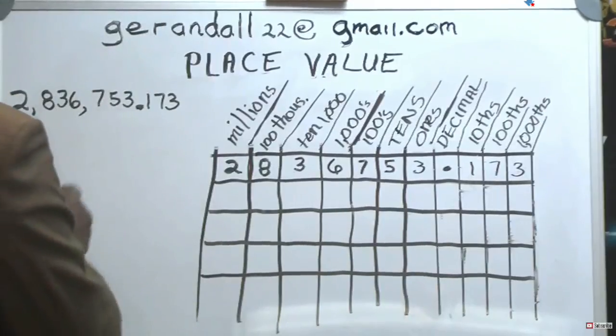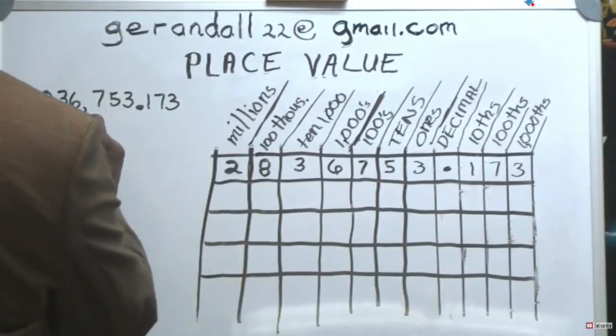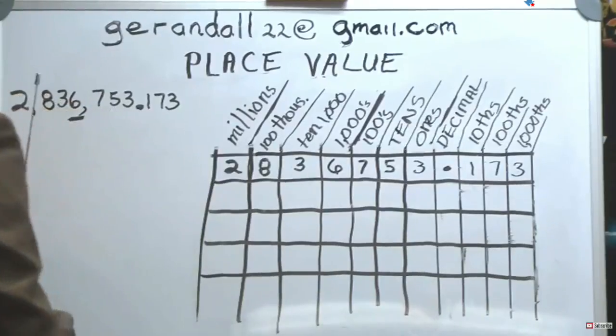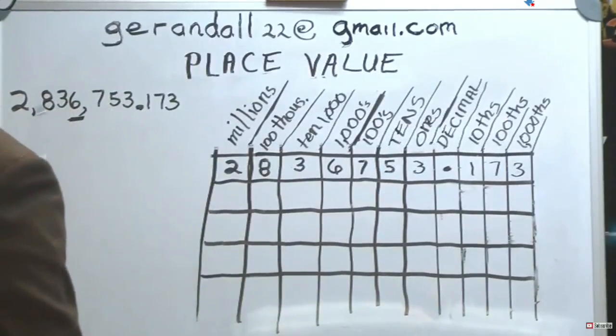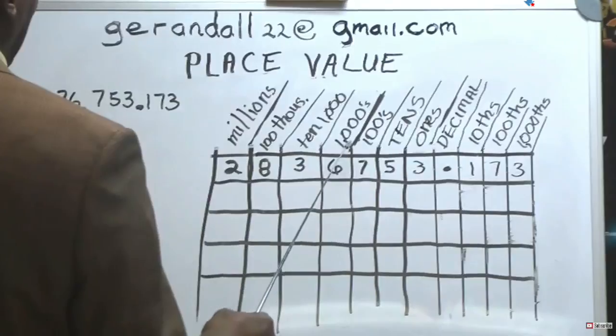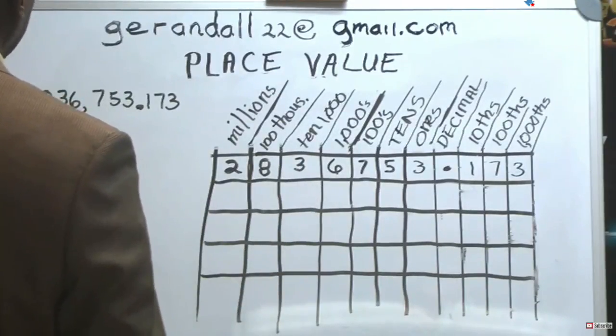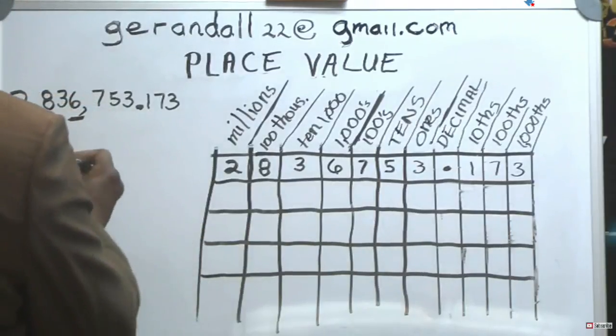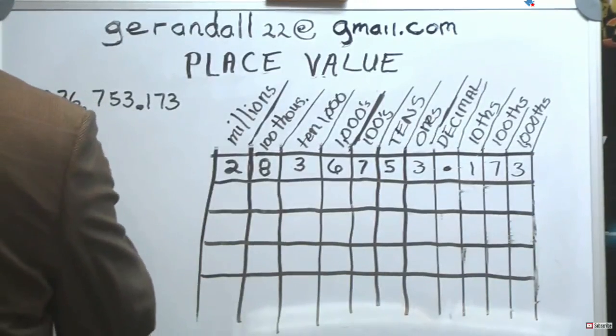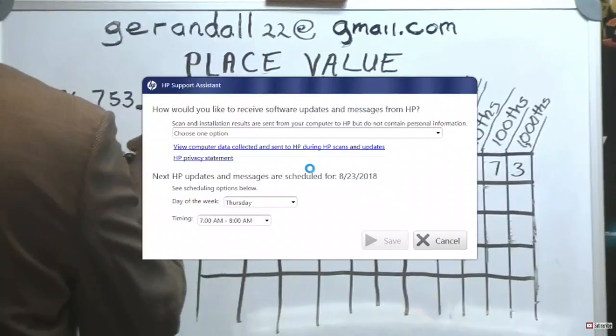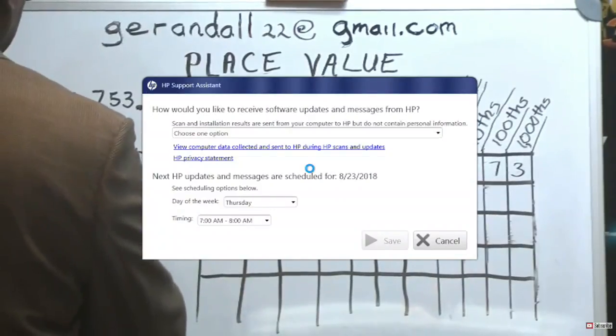If we underlined the number 6, we would be at the 6,000 portion of that number, and the expanded form of that would be 6 times 1,000 for 6,000.